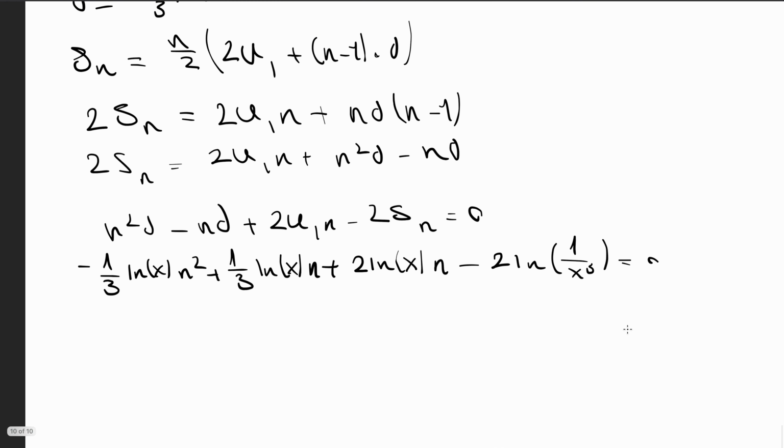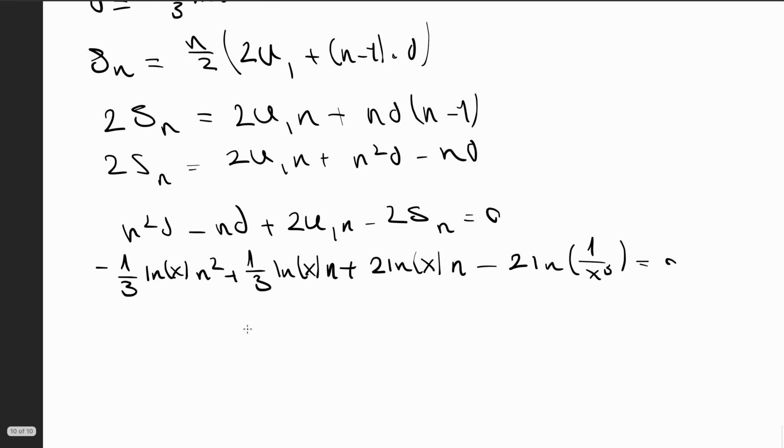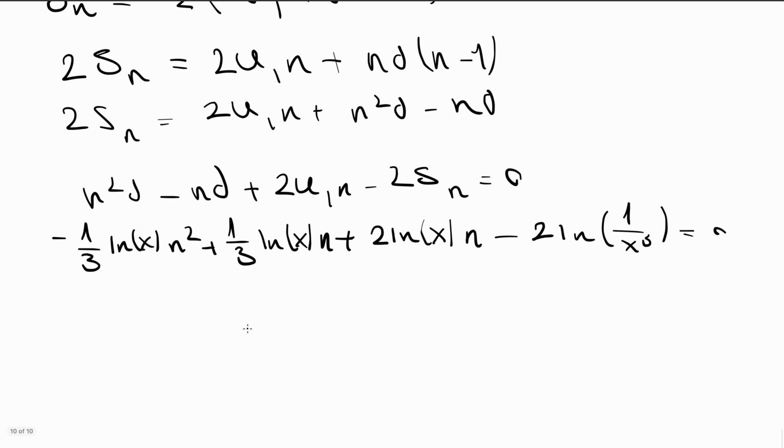So now what you want to do is further simplify this by somehow getting rid of the ln of x. And you can do that by converting this. So this x has a power of negative 3. So based on the power rule, you can take the negative 3 to the coefficient.